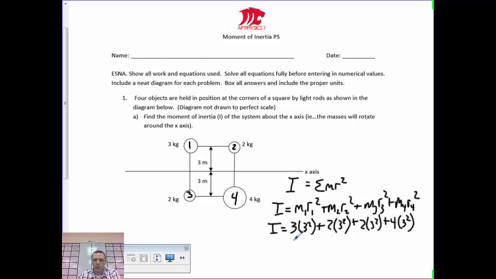When you do it all out, you end up getting, I'm going to look at my little cheat sheet here, 99 kilogram meters squared. There's your moment of inertia value about the x-axis here.